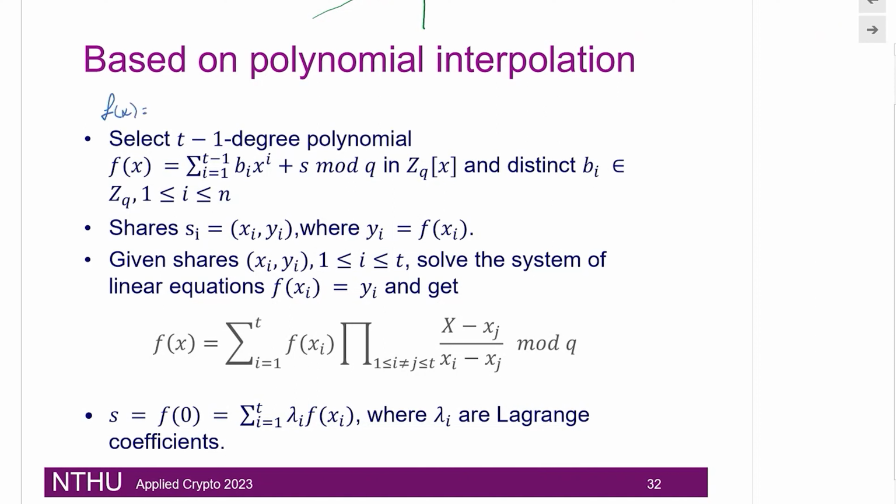It is going to look like b_{t-1} x^{t-1} plus b_{t-2} x^{t-2} all the way to b_1 x^1 plus, and then the secret that you want to share among every user, you're just going to put at the end.